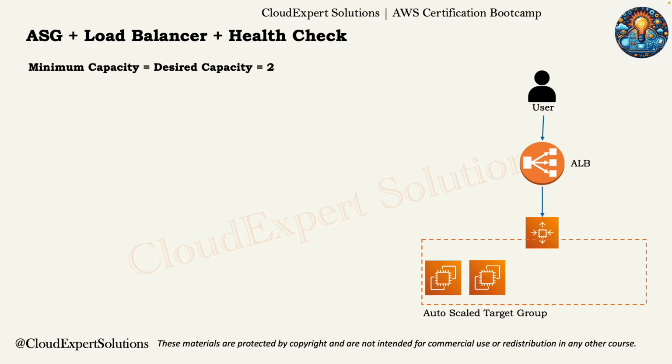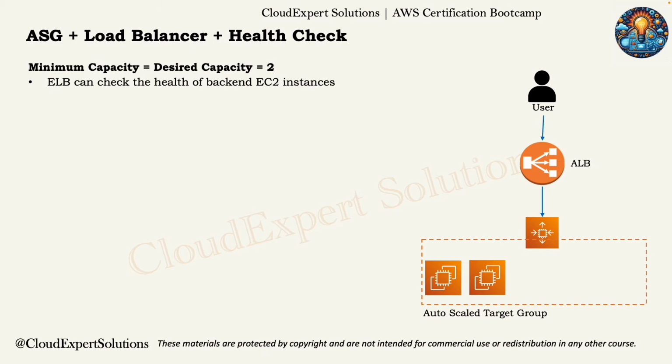For our example, we have minimum capacity equal to desired capacity, which is 2. That means at any point of time, our application will have at least 2 backend EC2 instances. Elastic load balancer can also perform health checks on the backend EC2 instances.